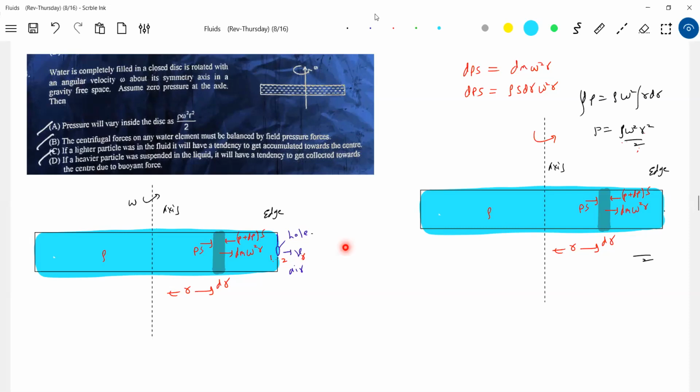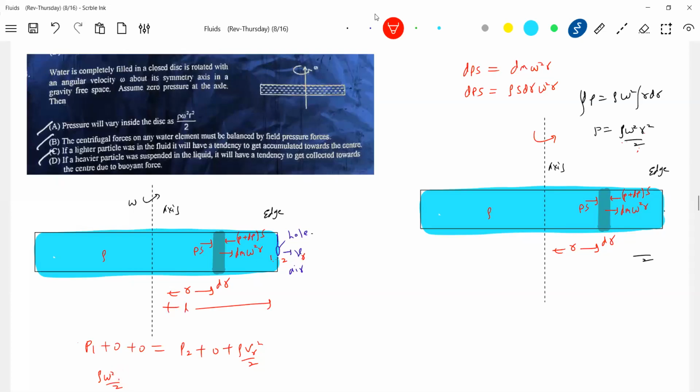Apply Bernoulli's theorem between 1 and 2. Pressure at 1 is 0, it will be a test. The moment I open a hole, pressure at 2 plus 0 plus rho VR square by 2. What is pressure at 1? Rho omega square r square by 2. Let L be the length.